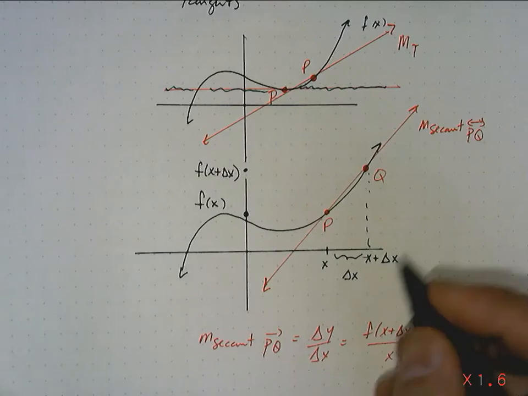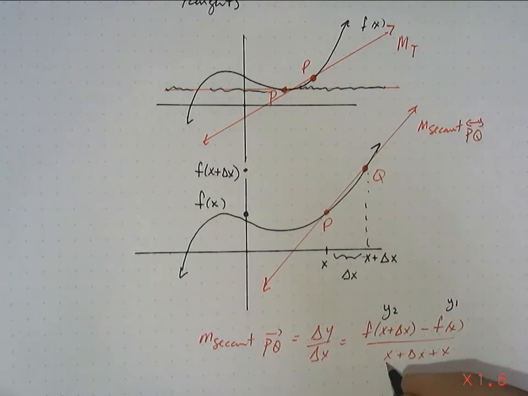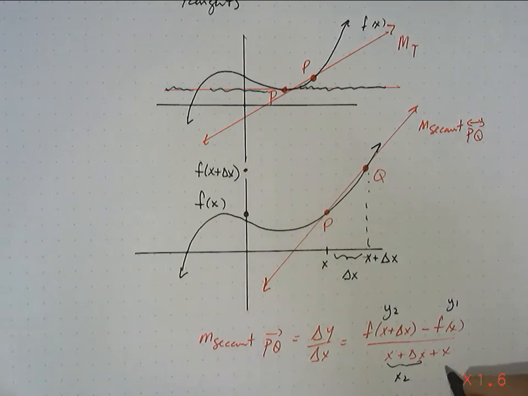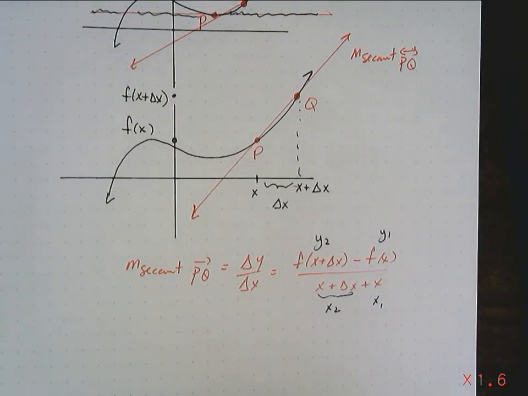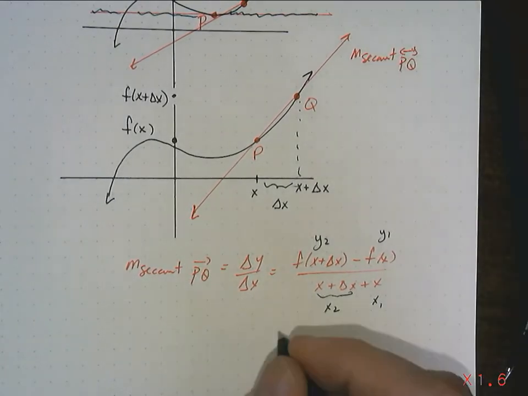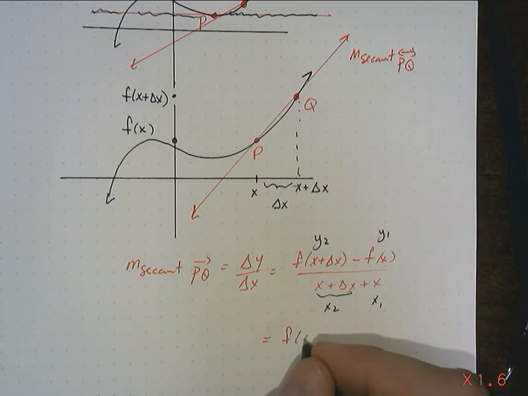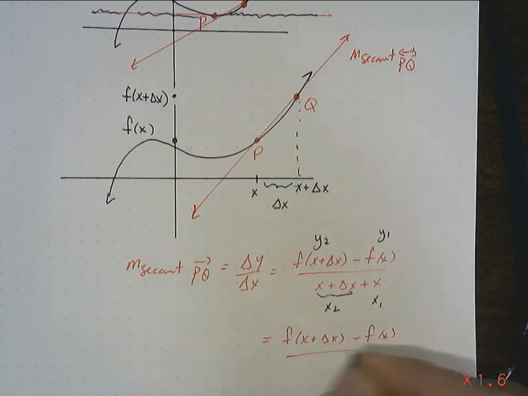So remember what's happening here. This is y2, this is y1, this is x2, and this is x1. So it's delta y over delta x. And what happens here is we get f of x plus delta x minus f of x over x.